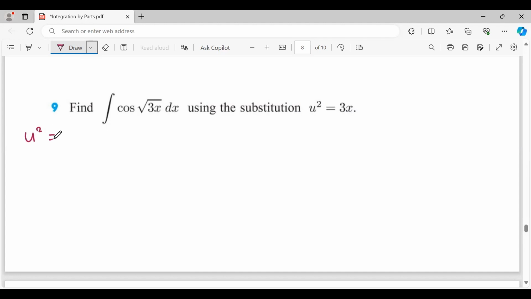If u squared equals 3x, it means u equals square root 3x and x equals 1/3 u squared. So dx is 2/3 u du.